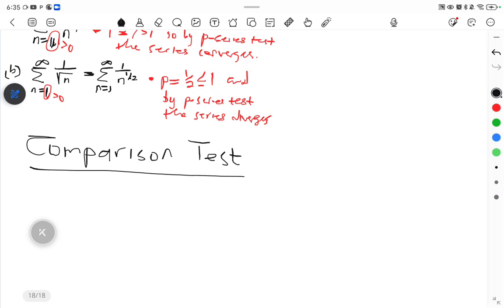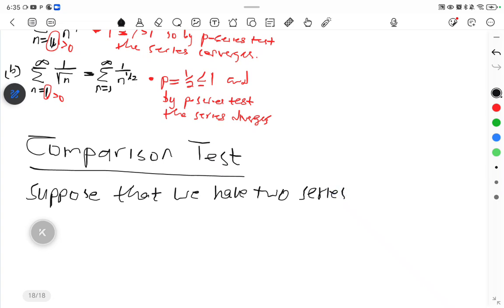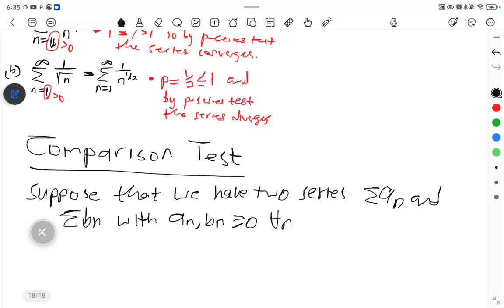Then what the comparison test says is that if we suppose that we have two series, a_n and b_n, with a_n and b_n greater than or equal to 0 for all n, and such that a_n is less than or equal to b_n for all n, then this will occur.